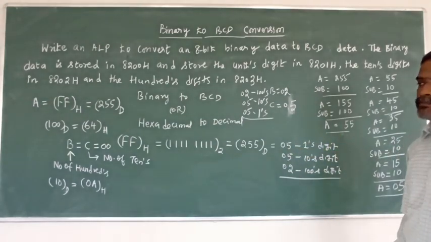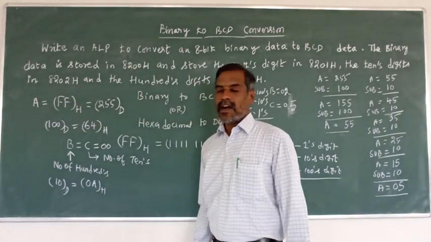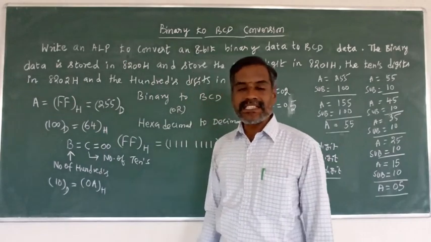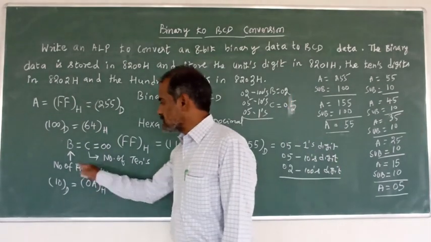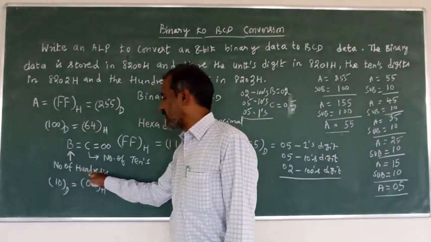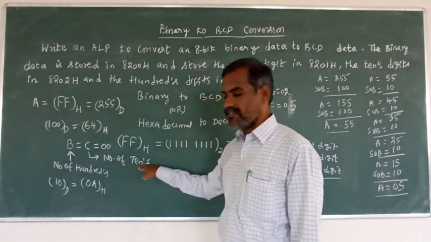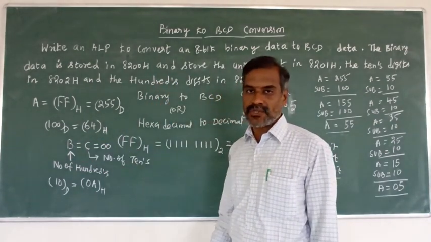This is the format. First load the data into the accumulator. After that clear any two registers to 00: one register to store the number of hundreds and another register to store the number of tens. For that, clear the B and C registers to 00.